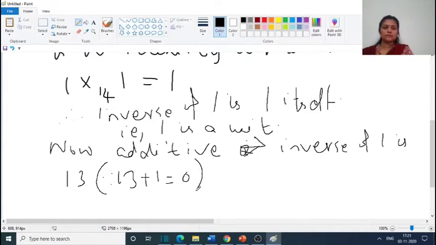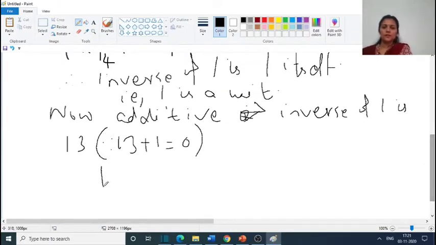Consider 13 multiplied modulo 14 with 13. Now 13 times 13 is 169. When we divide it by 14, the remainder is 1. Therefore 13 is a unit.